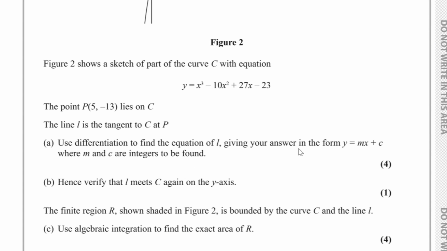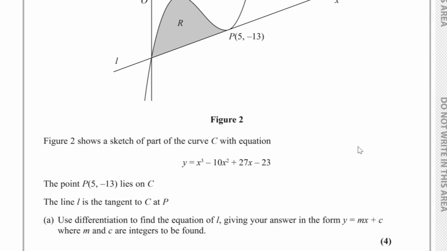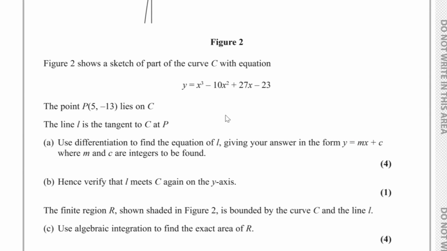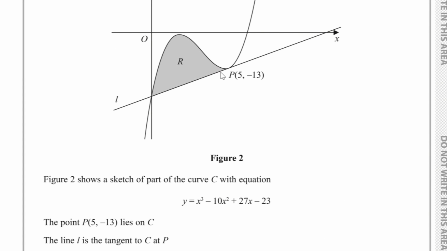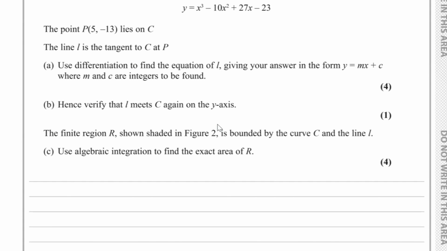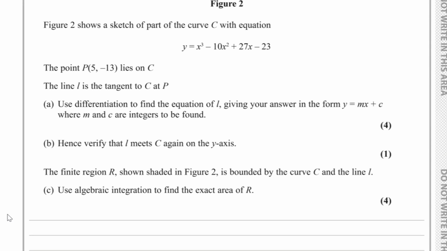For us to find out what the equation of the line L is, we need the gradient and a point which the line passes through. We can find out the gradient of the tangent at the point P through differentiation.